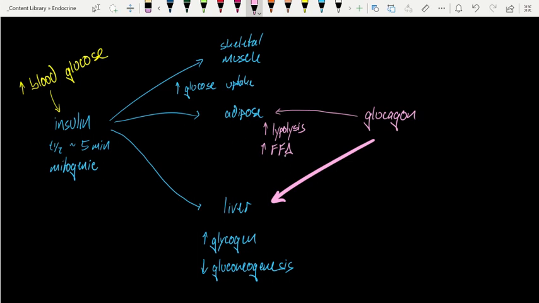And in the liver, we're kind of antagonizing everything that insulin did. So in the liver, we would expect to see increased gluconeogenesis and the breakdown of glycogen in order to maintain blood glucose in a healthy state, blood glucose levels. And of course, the trigger for glucagon would be decreased blood glucose.